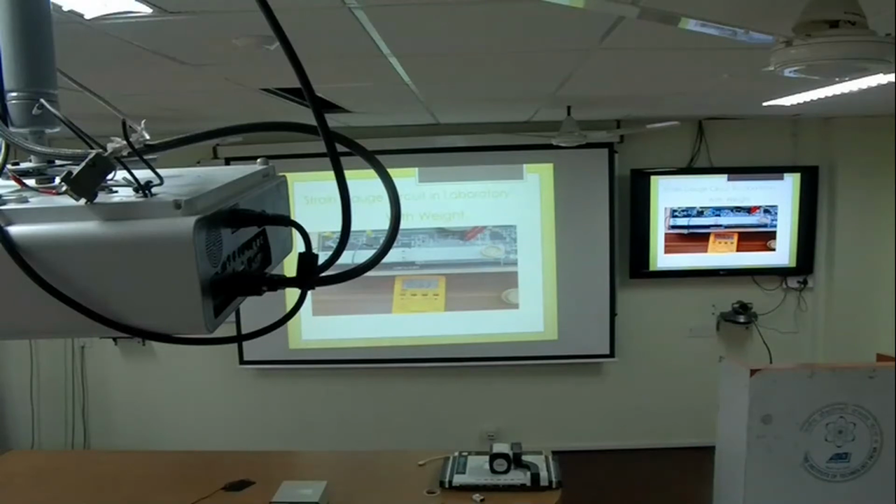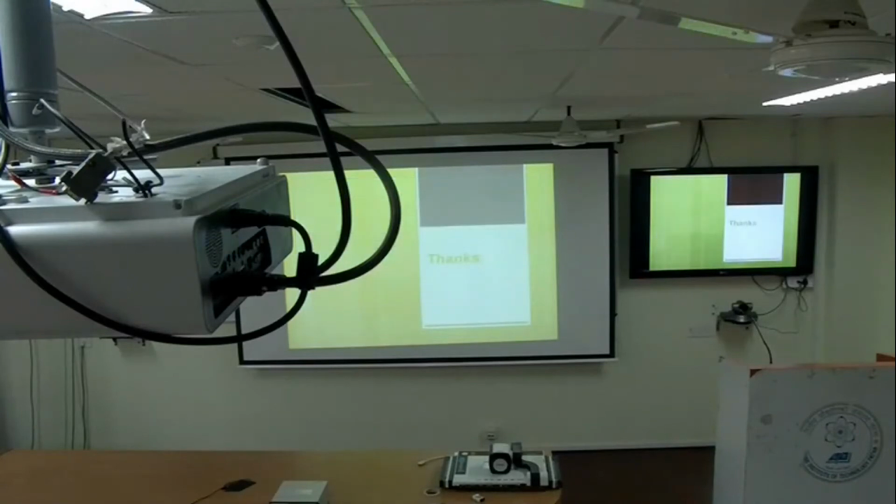So this is one of the simple examples to find the unknown value of weight, by simply relating it to the output voltage which is generated from unbalancing of the bridge which earlier was balanced. Okay. So that's all about the application of AC bridge. So you can ask if you have any kind of question.